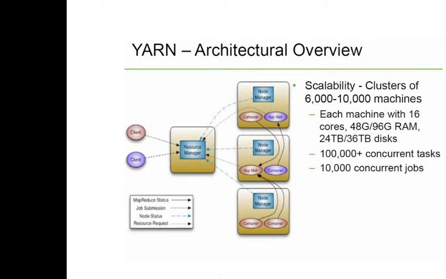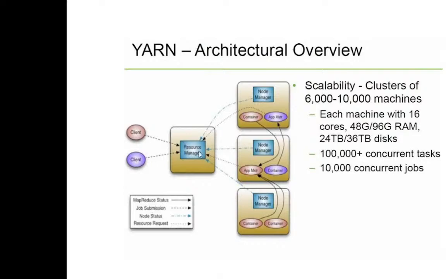Now, any new task or new job which comes up will be given directly to, so each job will get its own application master. So let's say there are 2 jobs. One client came and said, okay, I want to run some job.